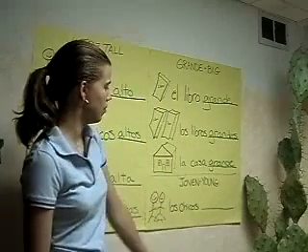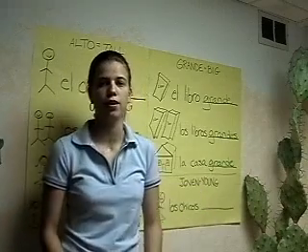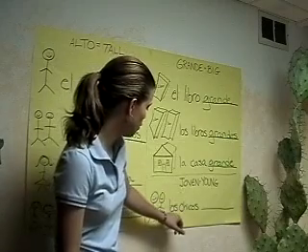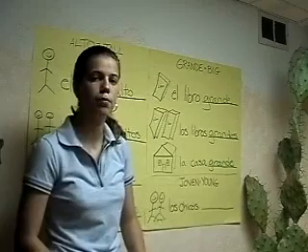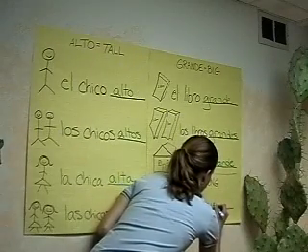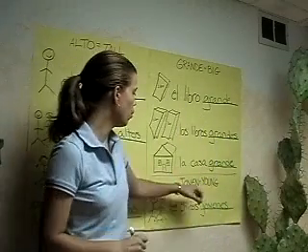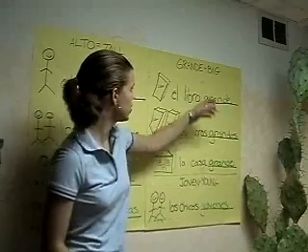We're going to look at one more example of adjectives here. This one ends in an N, joven, which means young. If you have the plural form here, los chicos, the way you make joven plural is by adding an ES. Jóvenes. Both the masculine and the feminine singular form is joven, just like this.